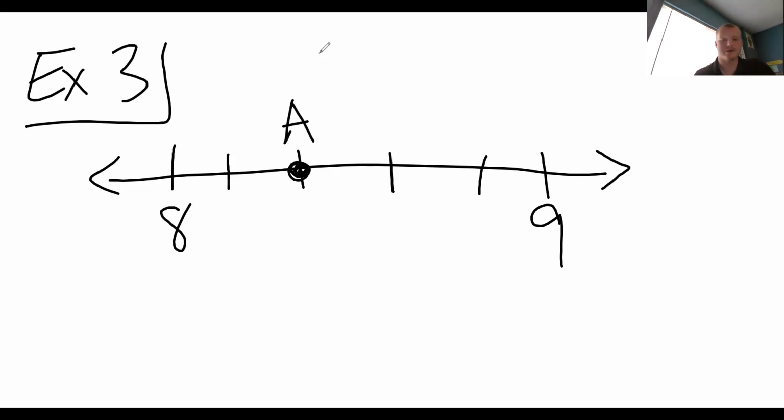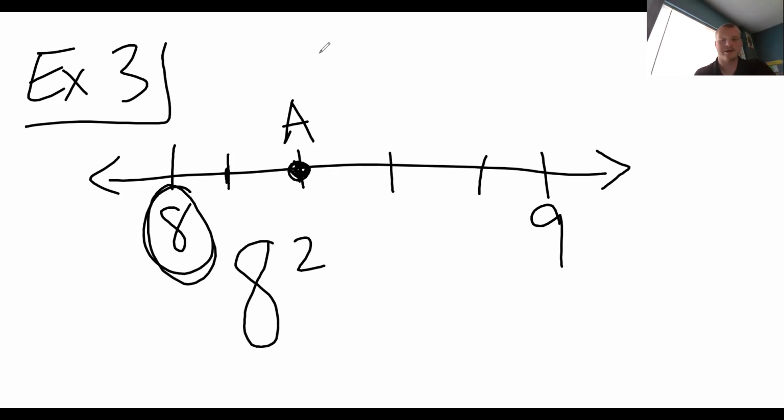Okay, so the second one is marked, so we have 1, 2. So I'm going to put a 2. 8 is our number, that's going to be our whole number. And our fraction is 8 and 2 what, Jaden? 8 and 2 what? So I have 1, 2, 3, 4, 5 of them.